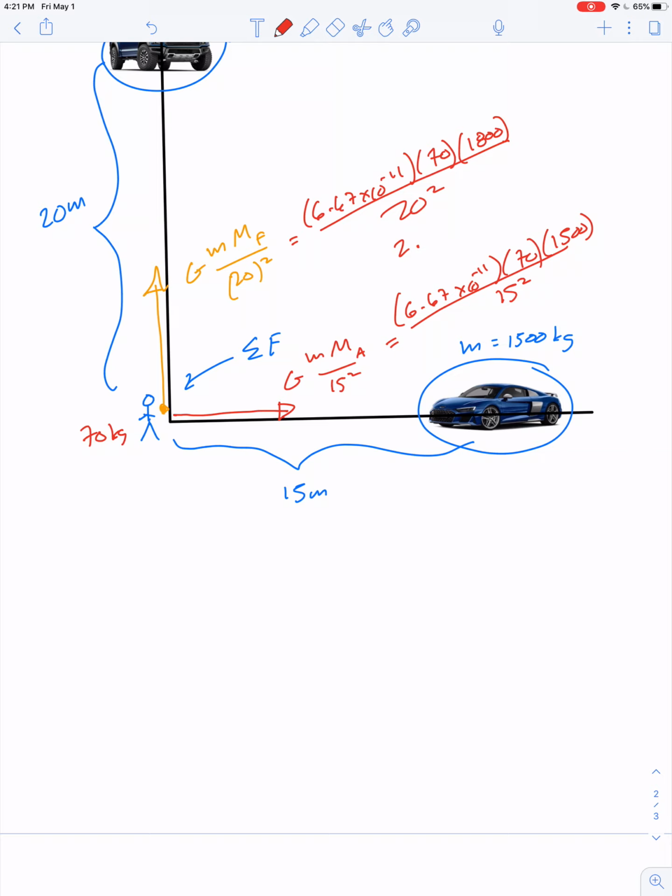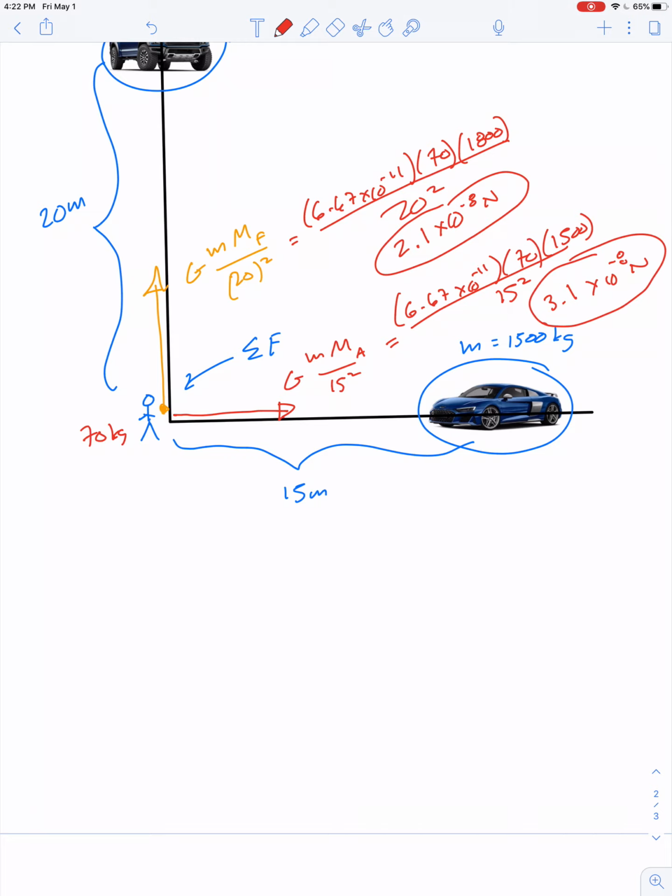So I get 2.1 times 10 to the negative 8th newtons as the force of attraction between you and the Ford. And I get a force of 3.1 times 10 to the negative 8th newtons as the force of attraction between you and the Audi.